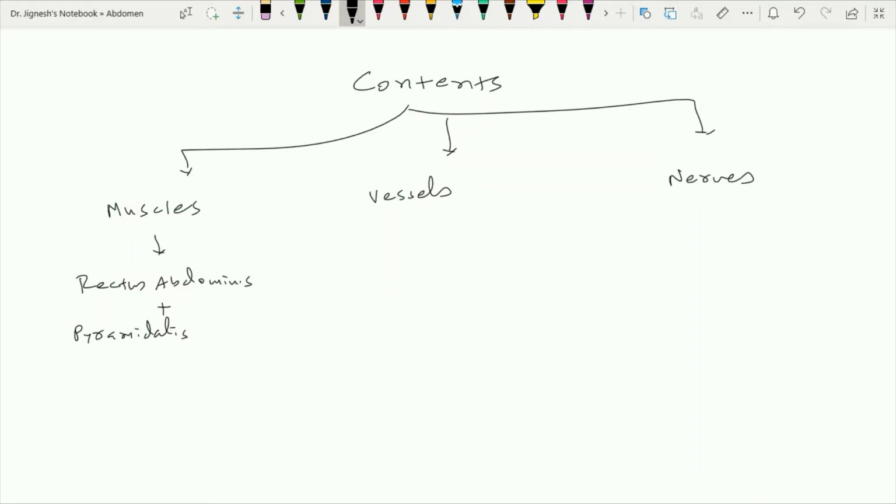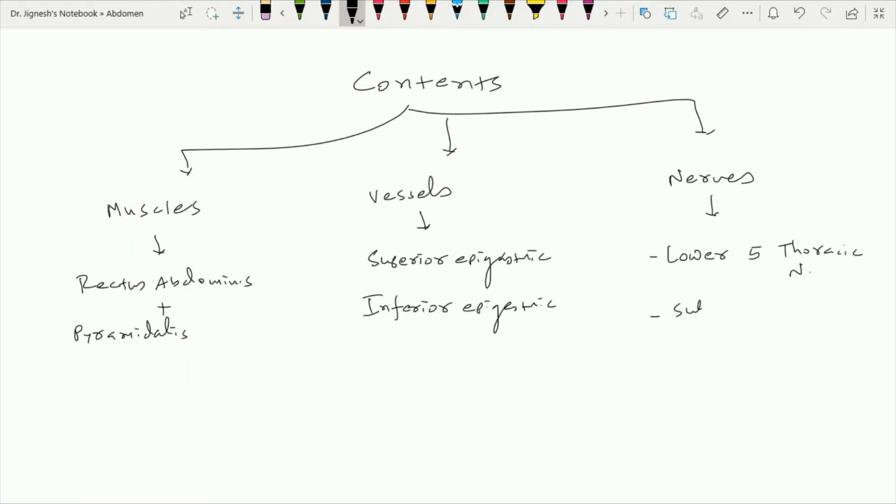The vessels present within this rectus sheath are the superior and the inferior epigastric vessels. The nerves present within this rectus sheath are the lower 5 thoracic nerves and the subcostal nerve. So we can say it contains the T7 to T12 spinal nerves.